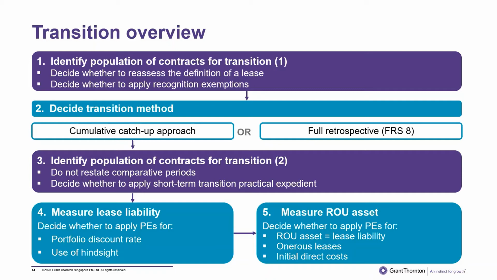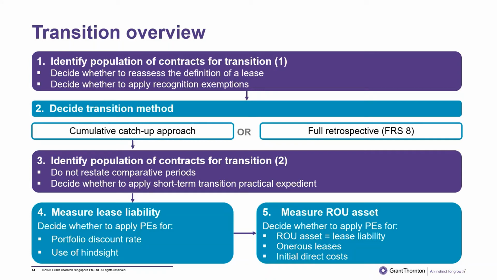So otherwise you would have to first do an initial assessment on 1st Jan 19 and then do a calculation on August 19, and none of these practical expedients will be available. So you will then have to do a fresh calculation. So use of hindsight is allowed. For ROU asset, as I said earlier, the first practical expedient is ROU asset is equal to lease liability.